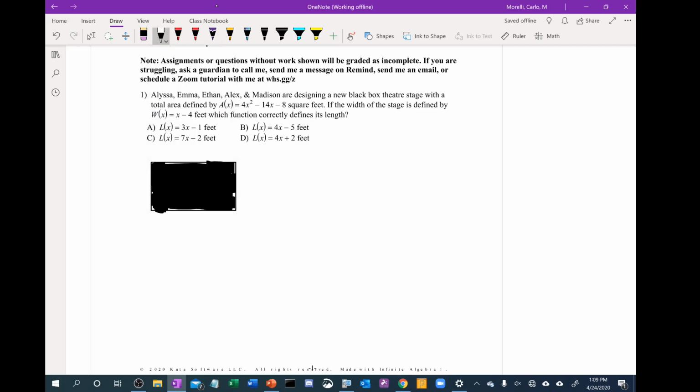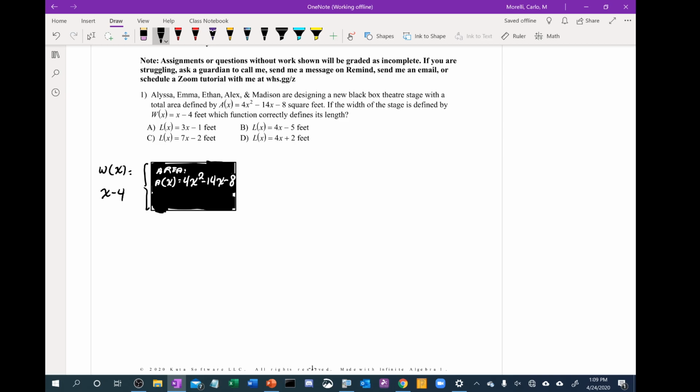So we are given the area. The area function A of x equals 4x squared minus 14x minus 8. All right, what else are we given? We are given that the width is x minus 4. So this shorter side here, the width, W of x, equals x minus 4.